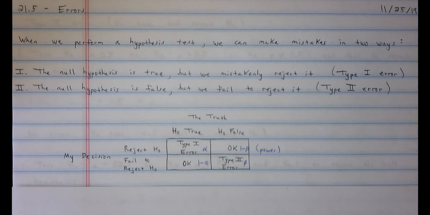This is the probability that it correctly rejects a false null hypothesis. In other words, this is the likelihood of avoiding a type 2 error. Remember, with a type 2 error, the null hypothesis is false, but we fail to reject it.